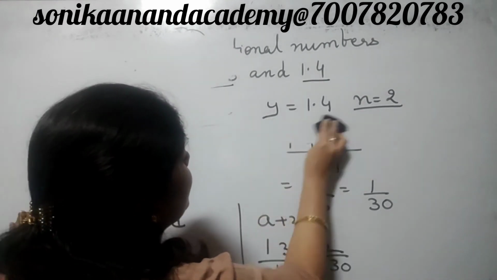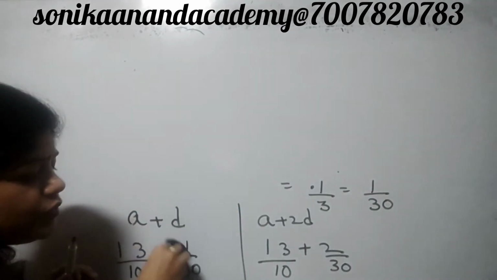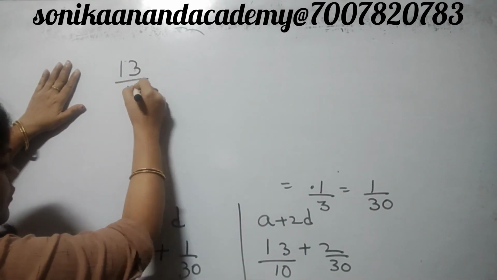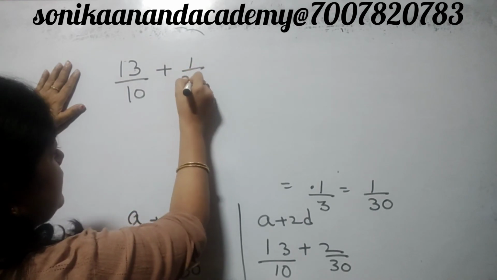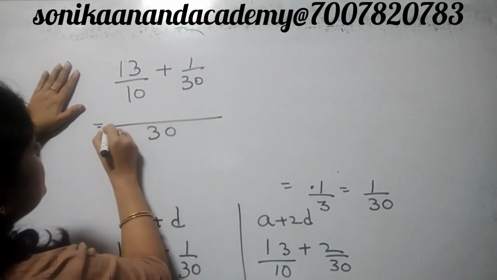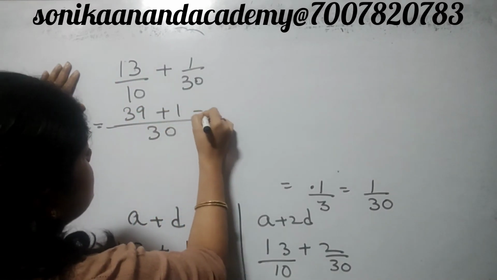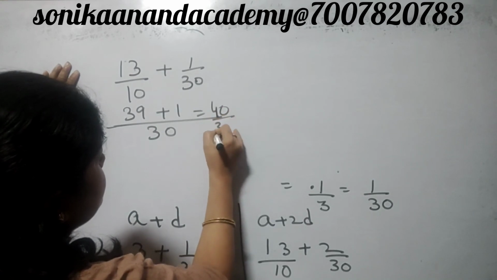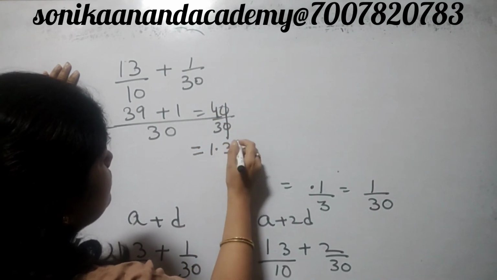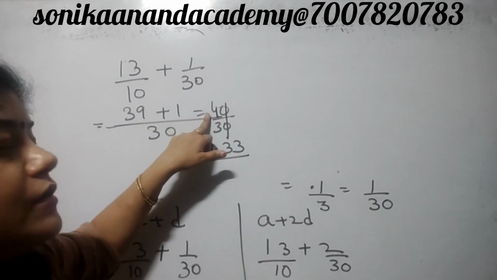You can solve it directly in decimals, but I am explaining it a little more so that your answer is always right. 13 over 10 plus 1 over 30. When you take the LCM, you get 30. 13 3s are 39 plus 1, which is equal to 40 by 30. It gets cancelled, 4 over 3, 1.33.